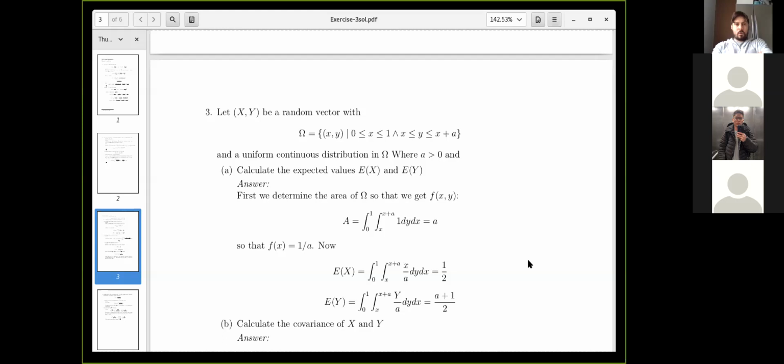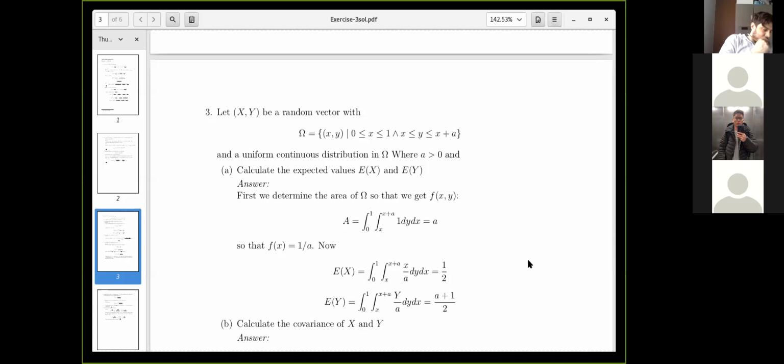Well, if we calculate the inner integral, from x to x plus a of x over a dy, that comes down to xy over a, with upper limit x plus a and lower limit x.